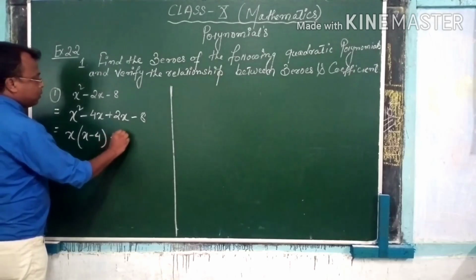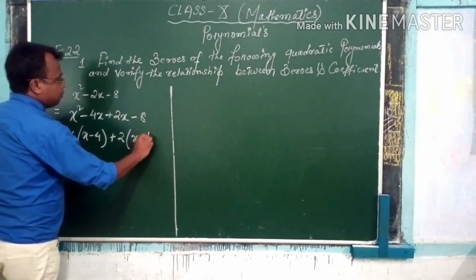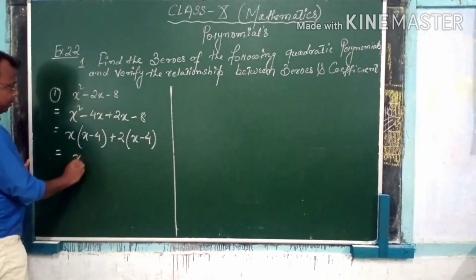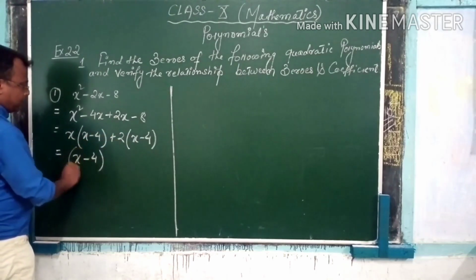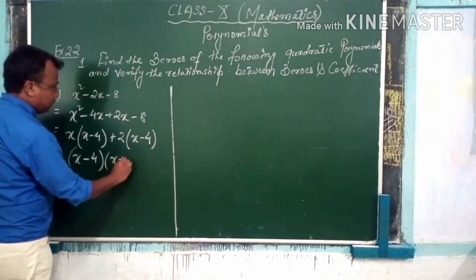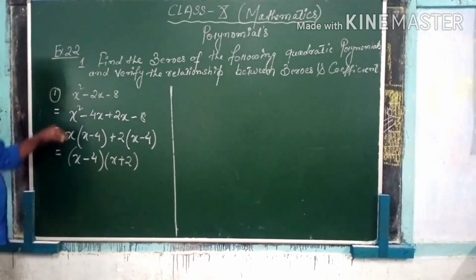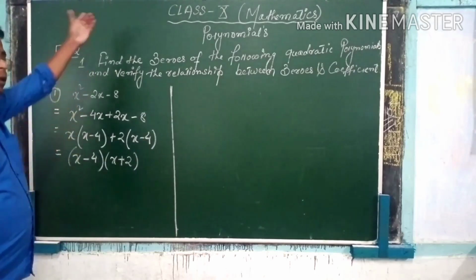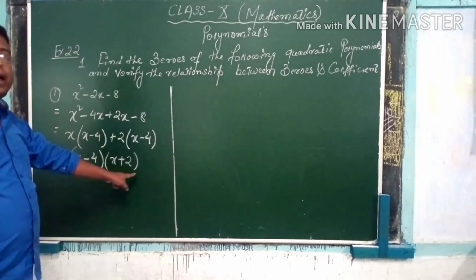So here 2 is common, so x minus 4. So now what is common here? x minus 4, then x plus 2. So this is the factorization of this quadratic polynomial, and these two are the factors.